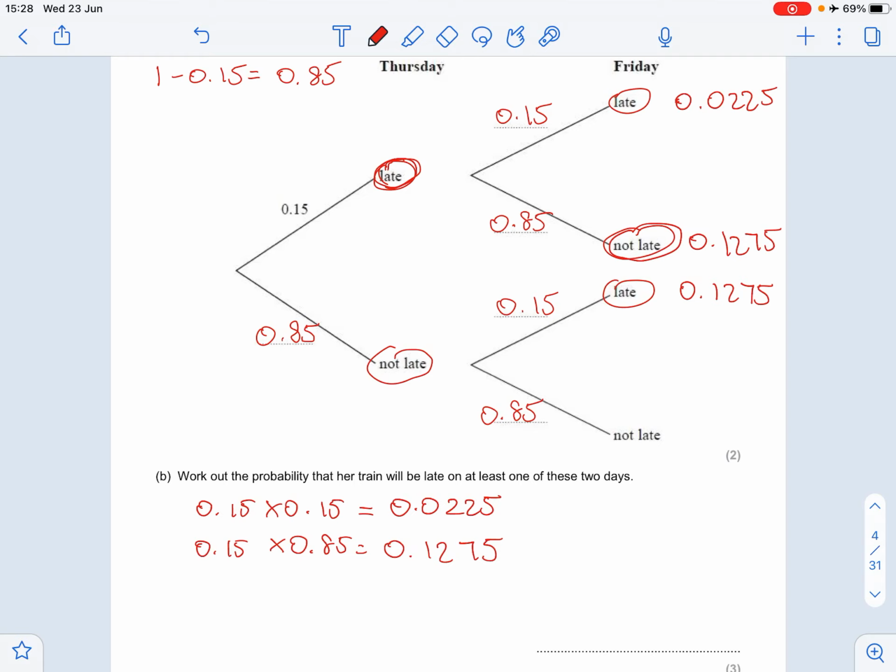But we want to work out the probability that her train will be late on at least one of those 2 days, so we need to add them together.